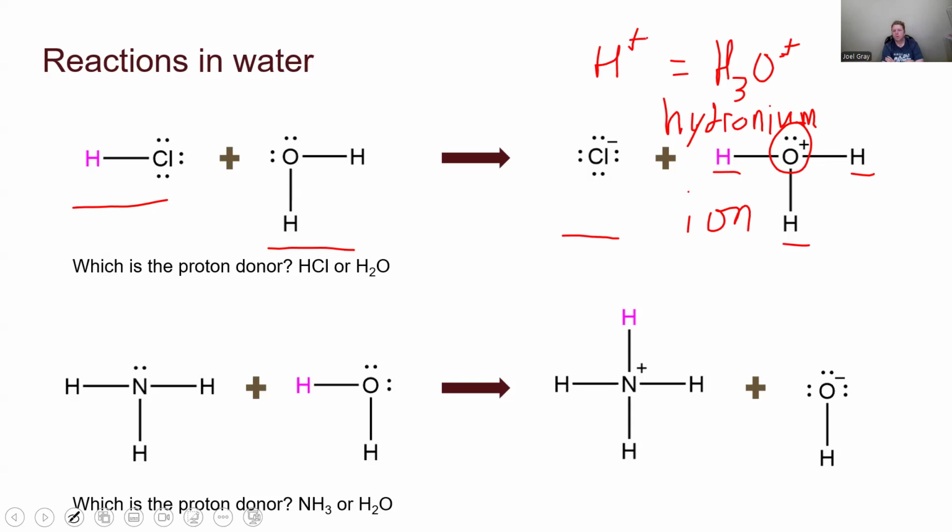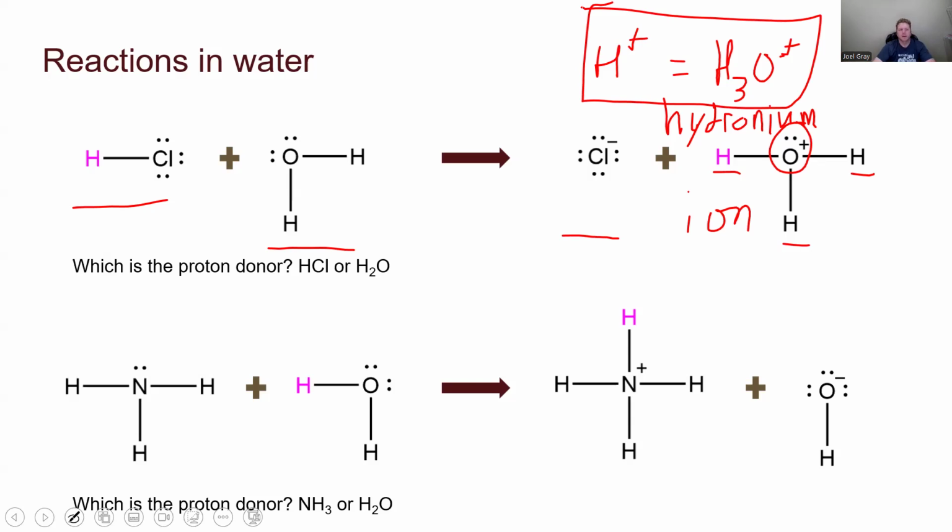So we will use hydrogen ion and hydronium ion, these two terms, interchangeably. And it's pretty common to see H plus be representative of H3O plus.